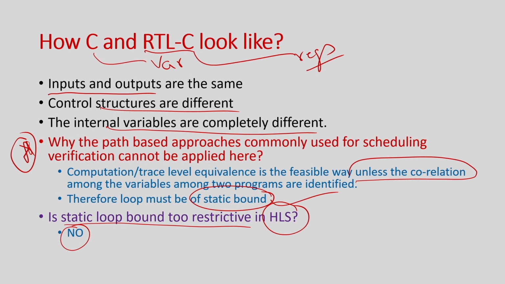Now, usually in for loops we manipulate arrays most of the time. And if the array is of fixed size, what is the point of keeping the loop bound dynamic? So, it will also be static. In general, my argument is that in the context of high level synthesis, the static loop bound is not too restrictive an assumption; rather, it is very common.